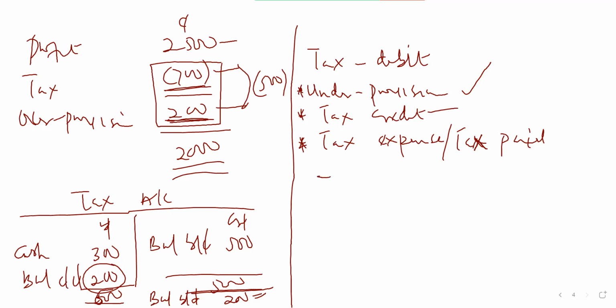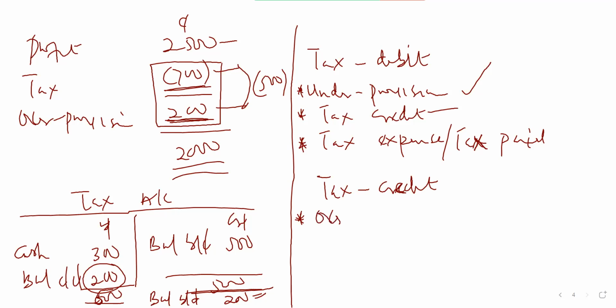If we see tax on the credit side, what would that also mean? If we see tax on the credit side, the first thing that it will represent is what? Overprovision.